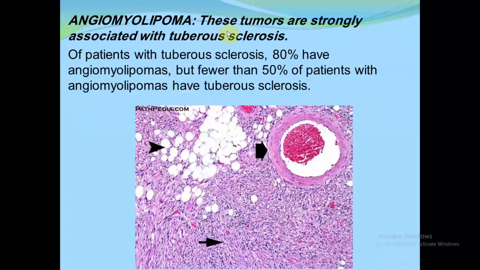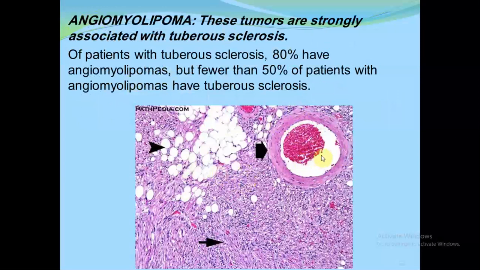Angiomyolipoma: these tumors are strongly associated with tuberous sclerosis. We said tuberous sclerosis is an autosomal dominant multisystem disease with multiple lesions and benign tumors in multiple organs of the body. Renal involvement can be cystic disease of the kidney or tumors, and one of these tumors is the benign tumor angiomyolipoma. From its name, angio means blood vessels, this is vascular proliferation.